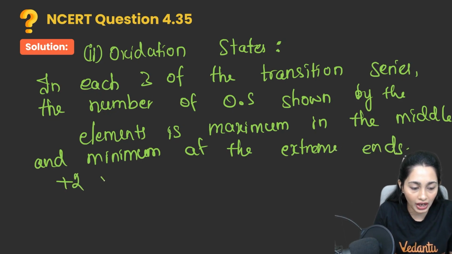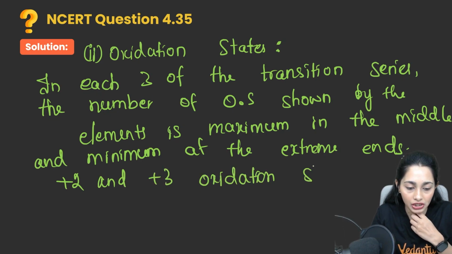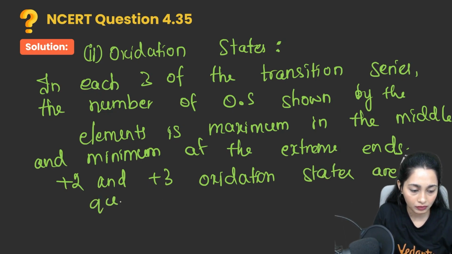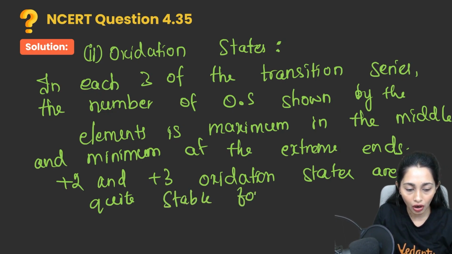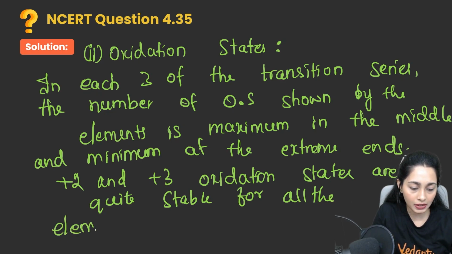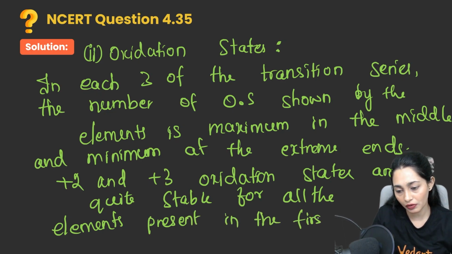But +2 and +3 oxidation states are quite stable for all the elements present in the first transition series.